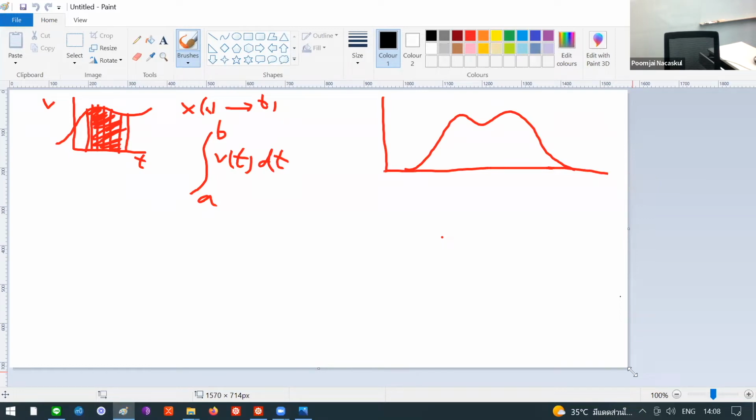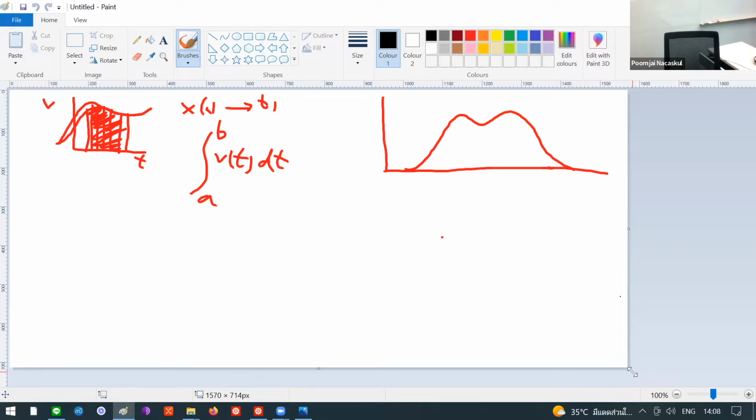Once you have this function, you can also do integration, but the meaning is different. Instead of a variation of speed over time, this is a variation in likelihood over space.